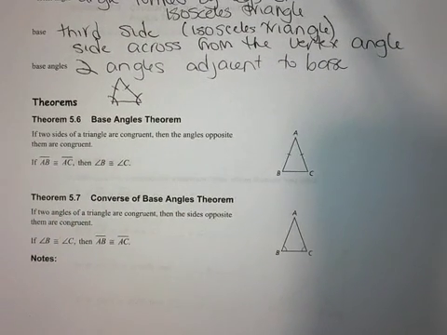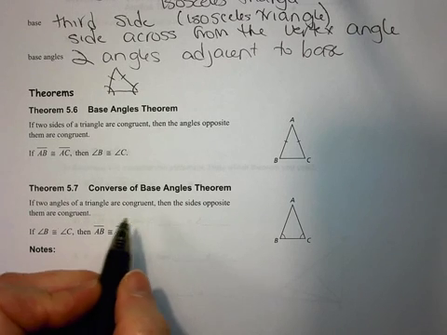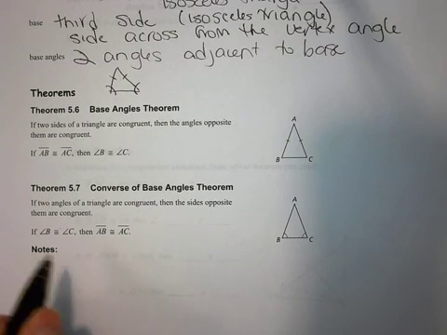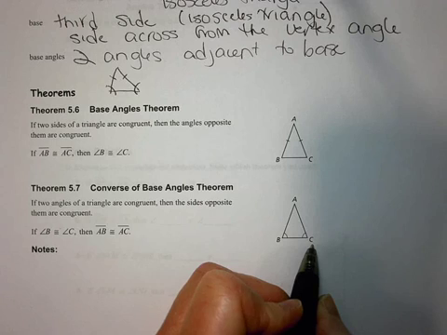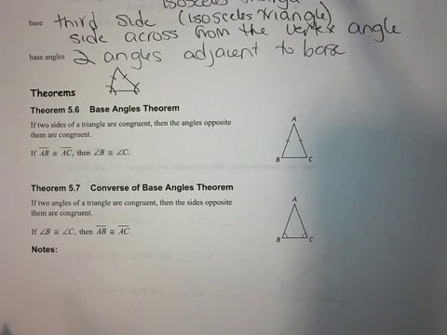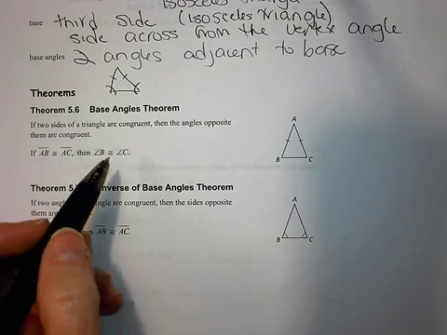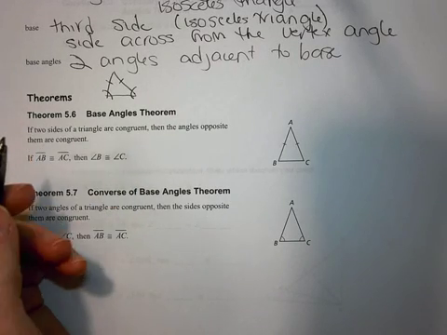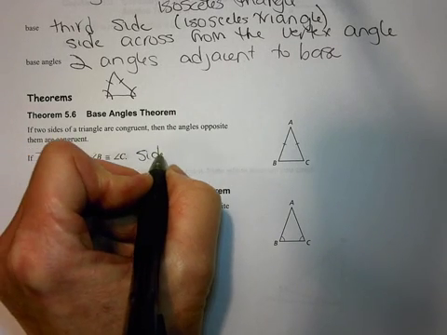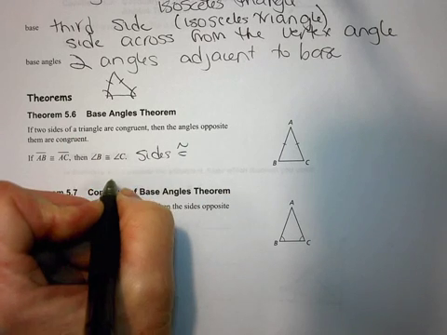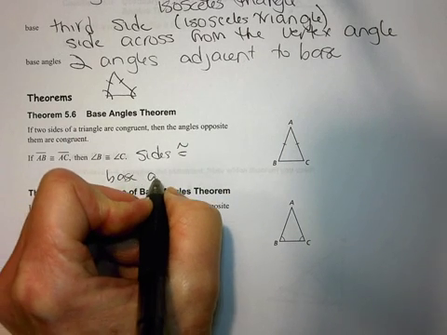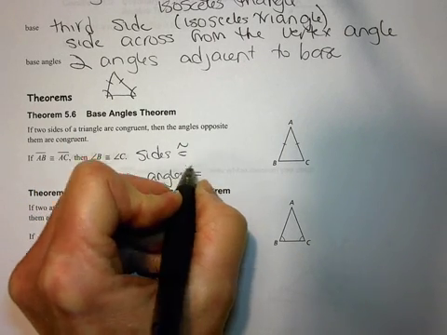Okay, and then the converse says if two angles of a triangle are congruent, then the sides opposite them are congruent. So that means if you start with the angles, then you can make the sides congruent. So pretty much the base angle theorem, you start with sides that are congruent and you make the base angles congruent.